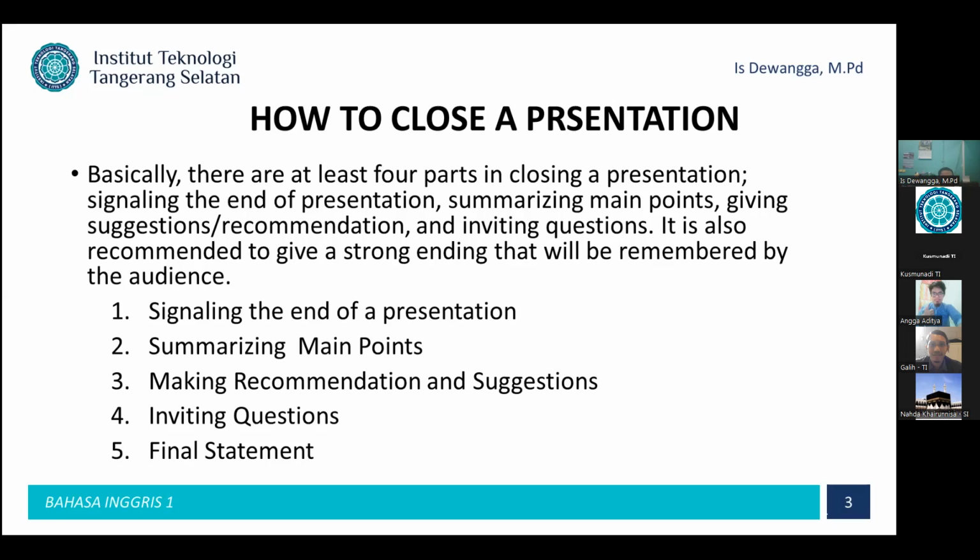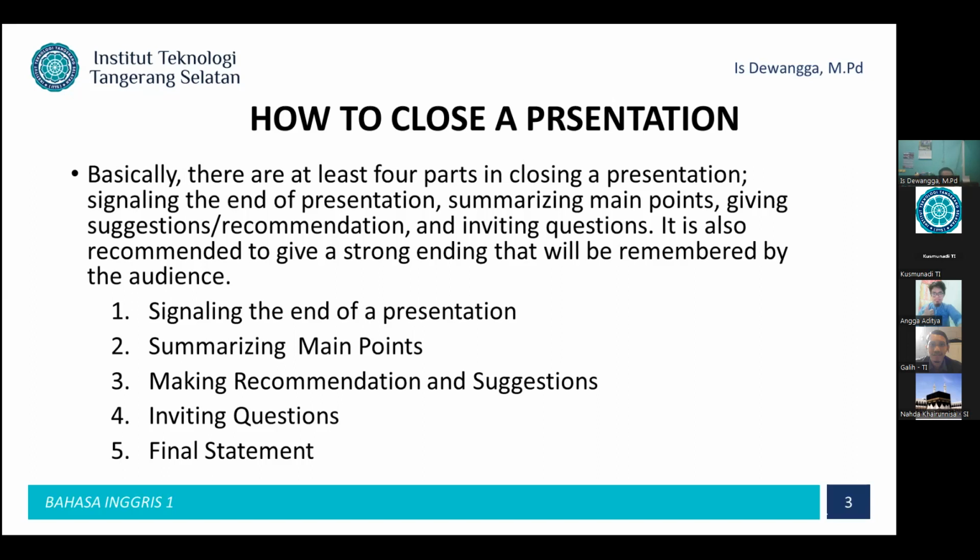We have to signal the end of our presentations. The second one, summarizing the main points, giving suggestion and recommendation, and also inviting question. At least four parts that you have to have in closing your presentation.